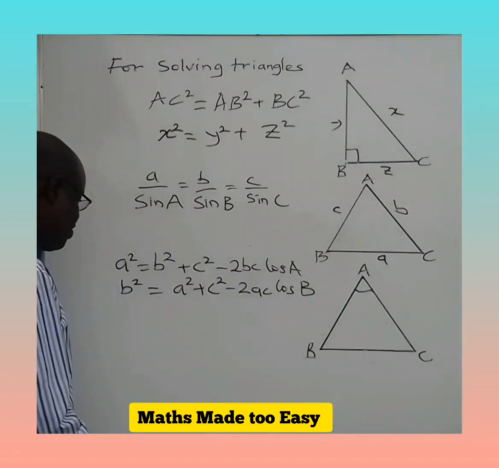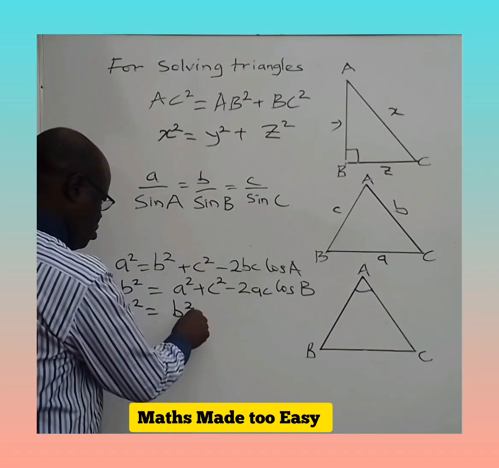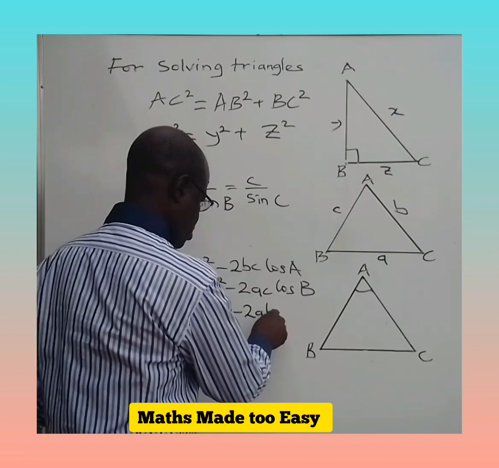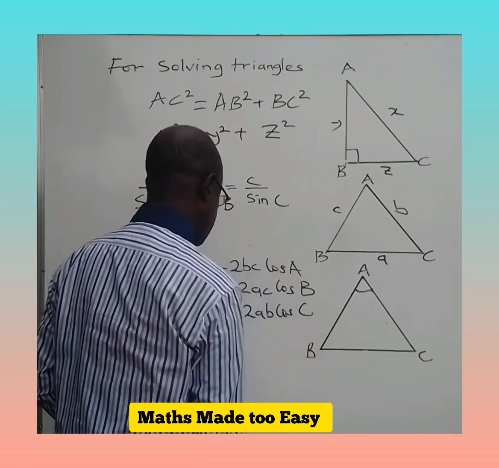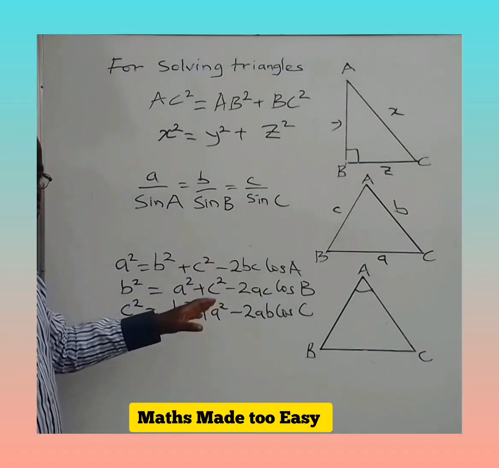It can also be written this way. So this is the cosine rule. And under which condition are you going to use this?